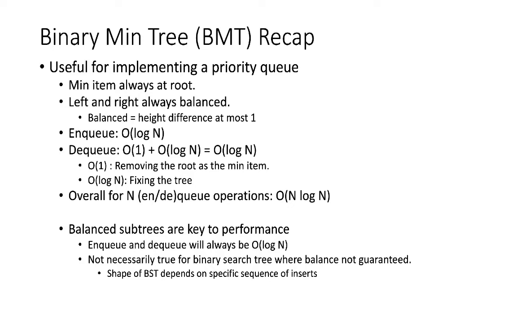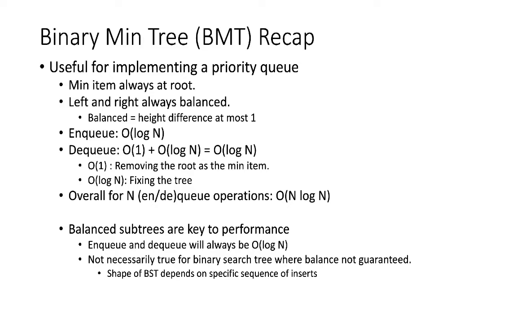And so we couldn't guarantee that our performance for a binary search tree was going to be order log n at all times. Instead, we got good average case performance, assuming that the binary search tree had a reasonably balanced shape.